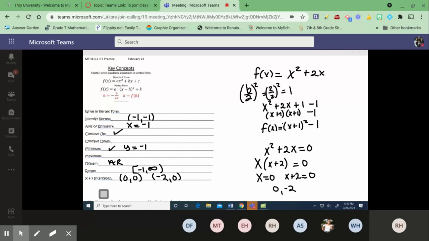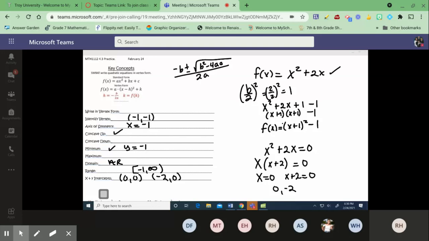Let's make sure we have that. Negative b plus or minus over 2a, right? Sometimes when we go to factor to get those x-intercepts, we can't.